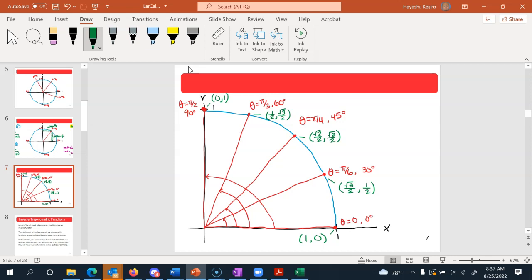And if you want to know what these values are for any other part of the unit circle, well, if you're in the second quadrant, you just take all these values and slap negatives on the x values of these points, because they'll be over on the left.